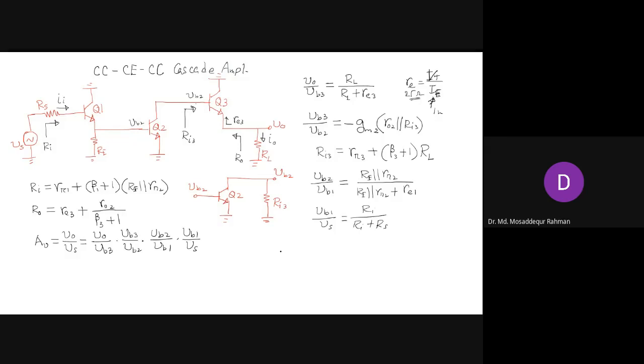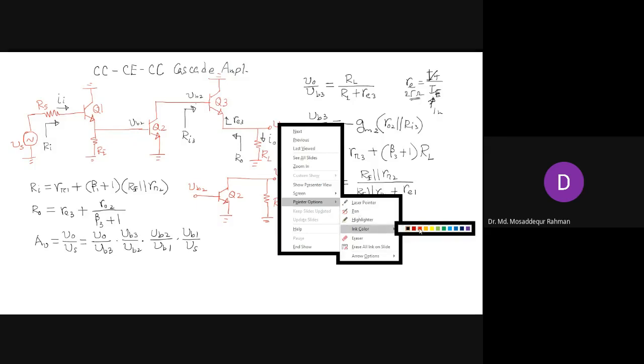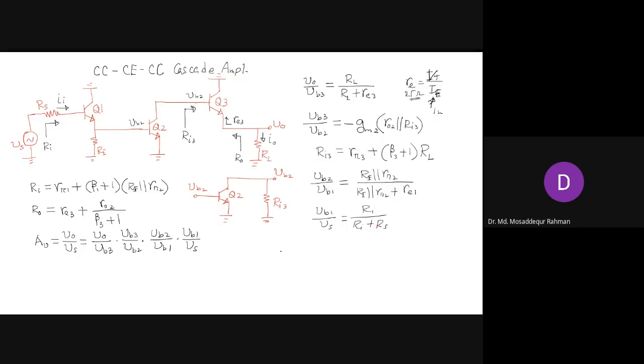So what change do we have in this case compared with the previous situation? One change is in the gain expression for the common emitter: instead of RL, we have Ri3.